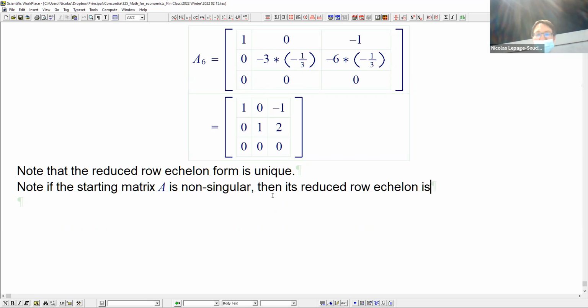It's a special matrix. Non-singular means you get a unique solution. It has an inverse. The determinant is positive or negative, non-zero.